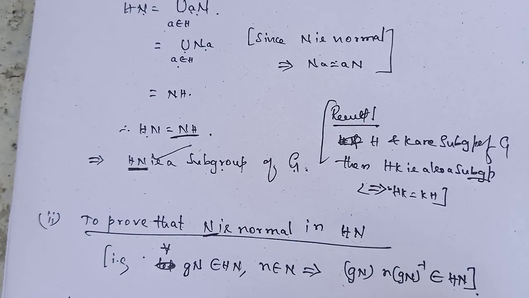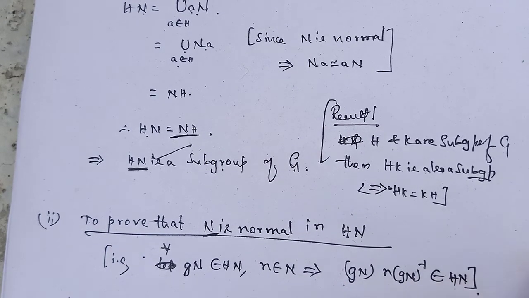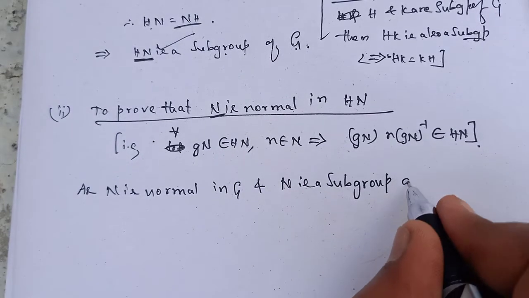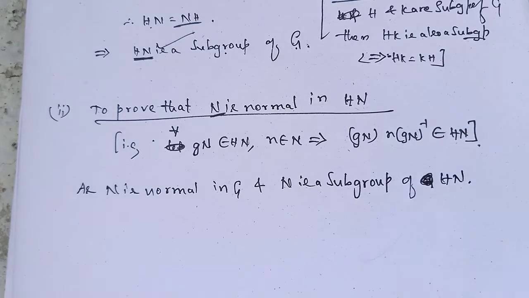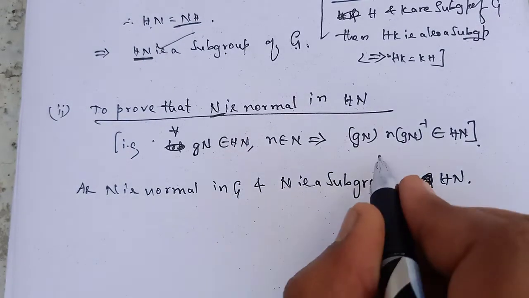Clearly N is a subgroup of G, and N is a subgroup of HN, and we can easily prove this condition.